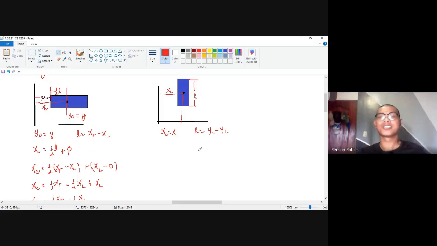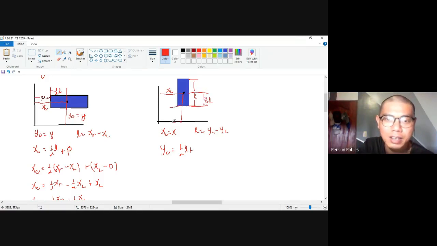Okay. What do you think will happen? YC is 1/2 of L plus, let me just quote this as our, ito yung 1/2 of L. And then say, mula dito hanggang dito, let me say it's Q. Plus Q. And what is that Q? Ganito siya.